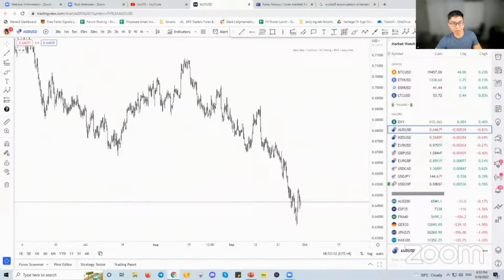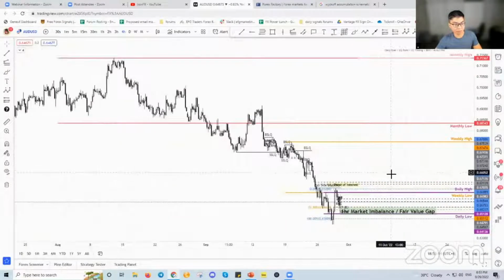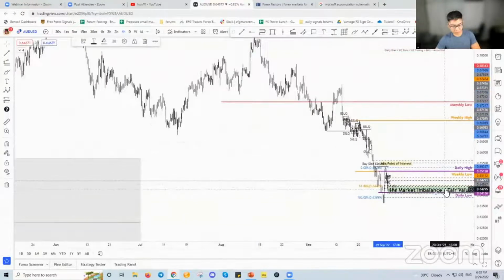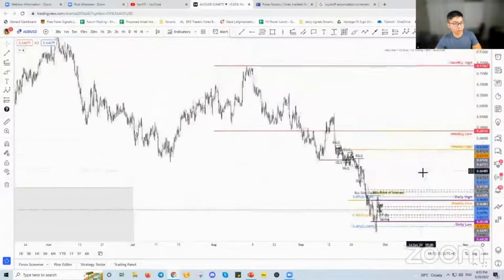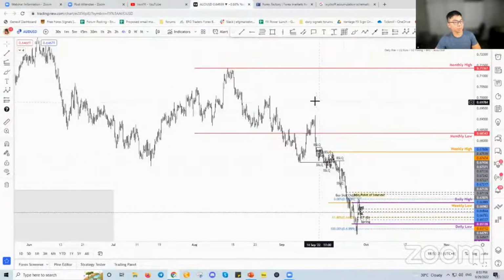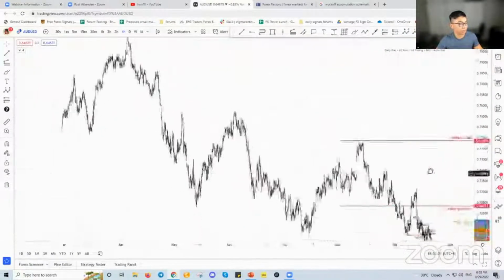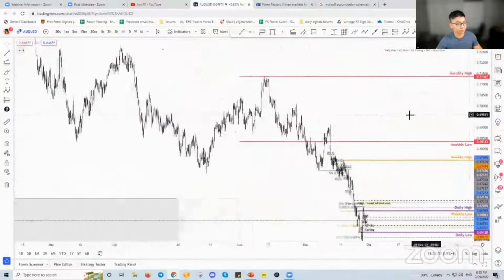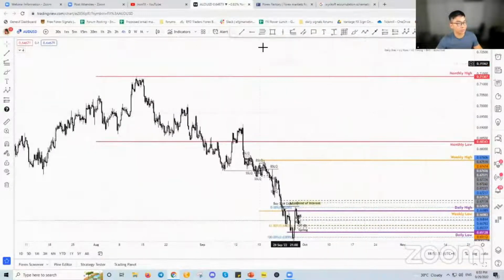Okay, let's check back on the Aussie dollar whether we are doing fine. Okay, my chart is messy. We can actually start to try to draw an Elliott wave on the larger time frame. So maybe let's start here.